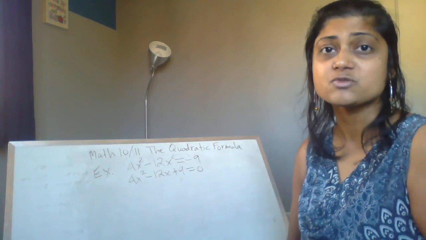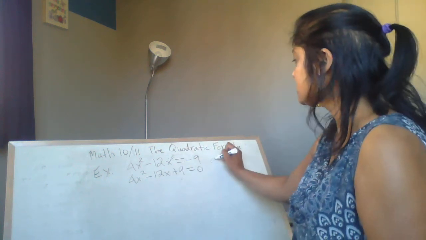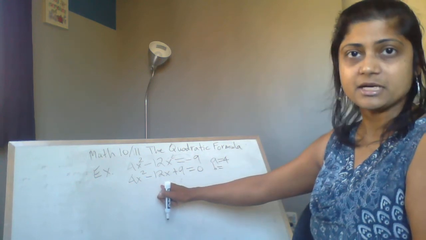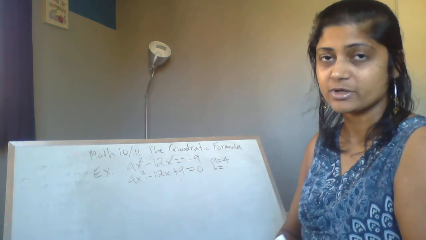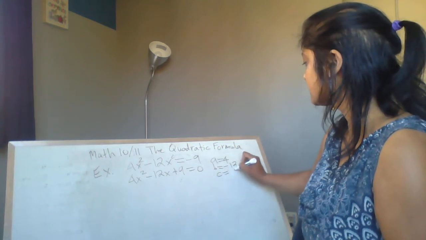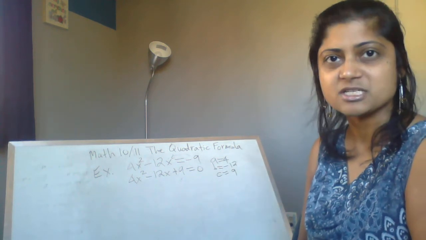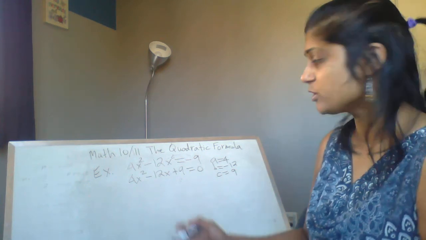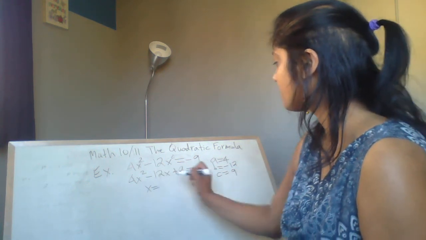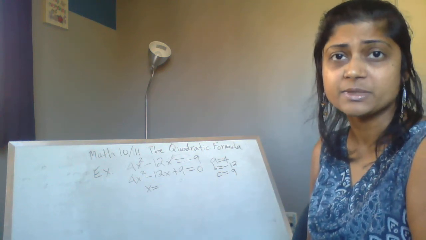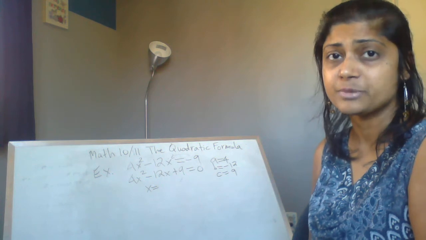Let's write the values for a, b, and c. In this case, a is 4, and b, as you can see, is -12. It's not positive here, so I'm going to put -12. And c is equal to +9. With that, let's plug it into the quadratic formula. Again, make sure you're watching the sign. In the quadratic formula, the first part is -b.